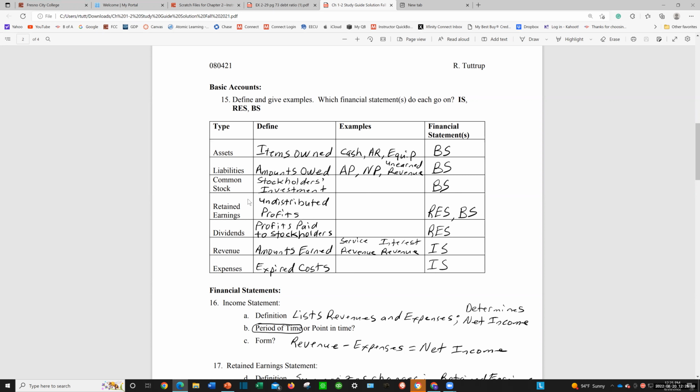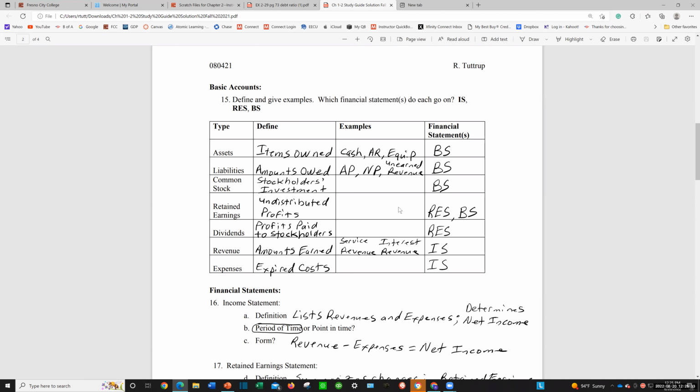Next, retained earnings. Now, retained earnings is undistributed profits. That's going to include all of the net incomes that haven't been distributed in dividends, right? So again, retained earnings is retained earnings. There's no example, so I leave that blank. Now, where will you find retained earnings?